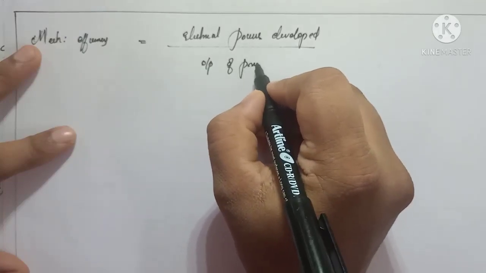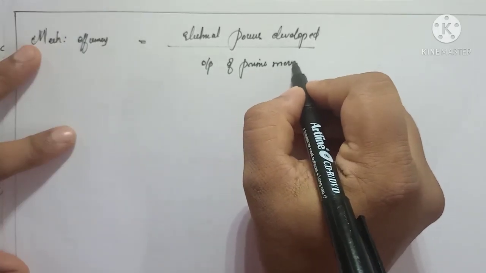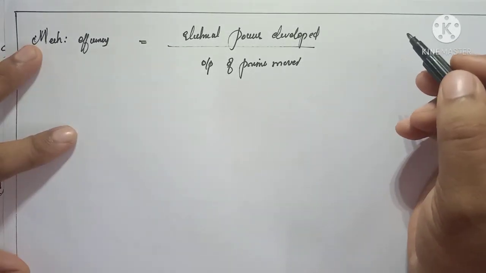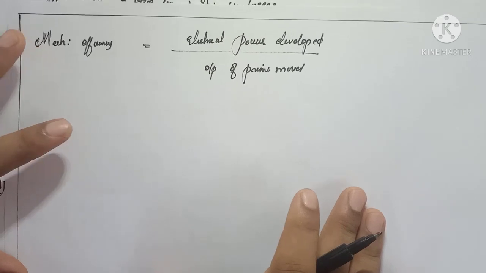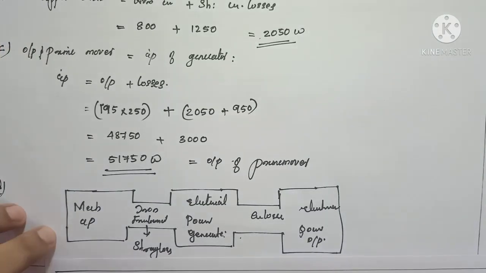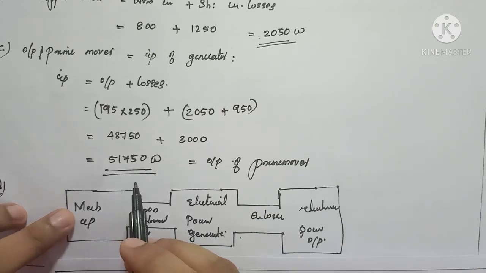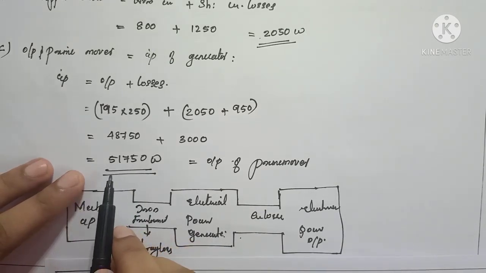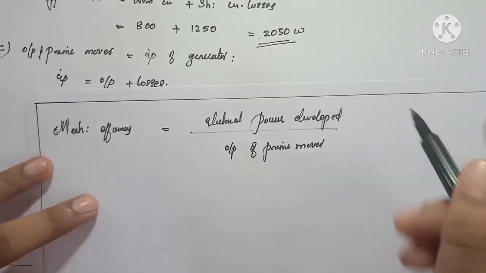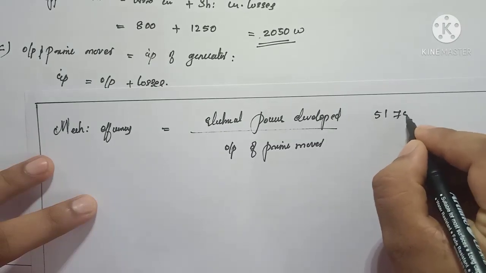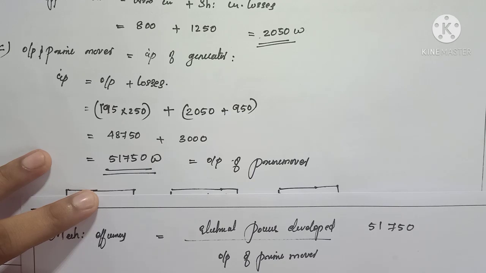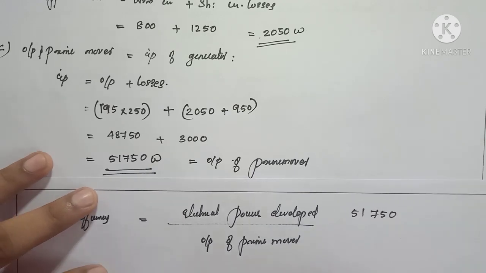So electrical power developed. Already we know that the input that is given to the generator is 51,750 watts. 51,750, that is the input that is already given as the input to the generator.